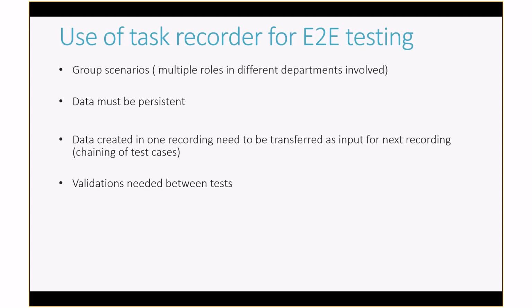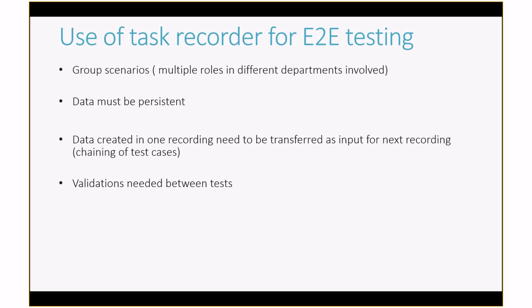It means that you need to define an output variable, to see what the newly created purchase order was, and use that newly created purchase order as an input for finding your purchase order and then book the reception of the goods and also book the invoice.